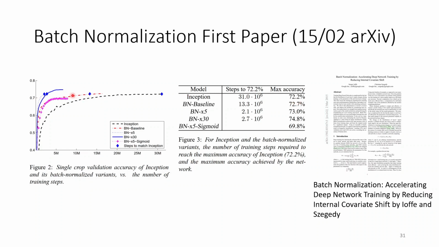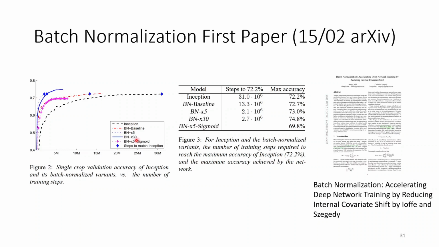And they found that if they insert batch normalization into the Inception net or GoogLeNet, they can accelerate the optimization speed.